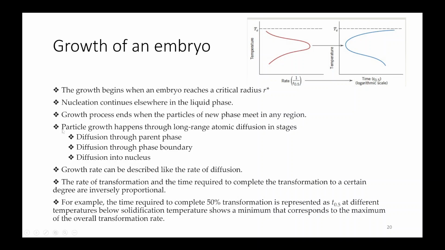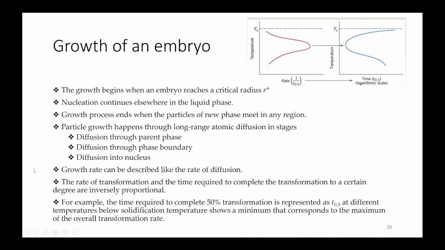Particle growth happens through long-range atomic diffusion in stages. First there is diffusion through the parent phase, then diffusion through the phase boundary, then diffusion into the nucleus.